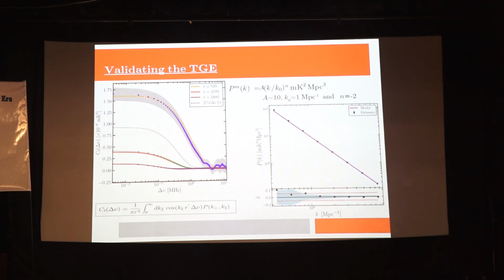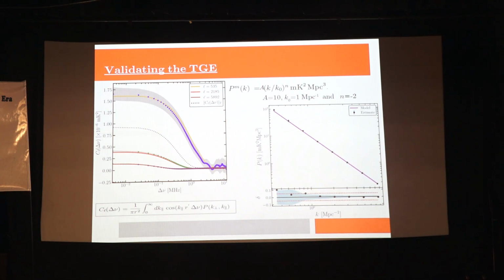These data points show the mean values that we obtained from the estimator, and the solid lines show the analytical values of C_L(delta nu), calculated using this equation, along with 2 sigma error bars at 3 different values of L. We see that the results match quite well with the input model within the 2 sigma error bar.